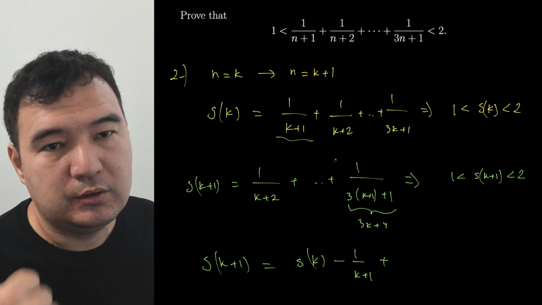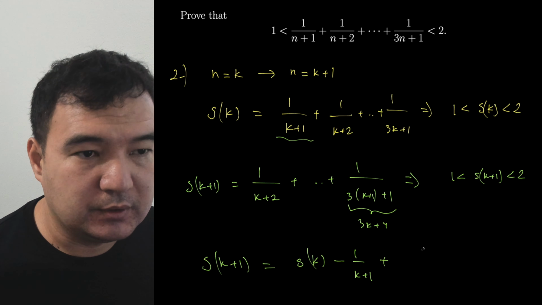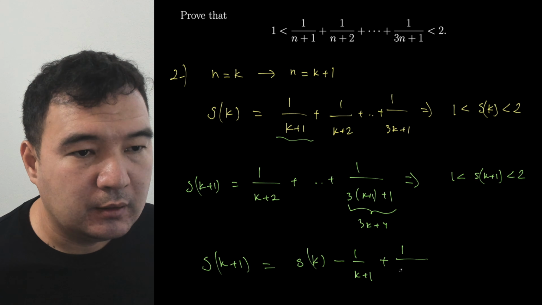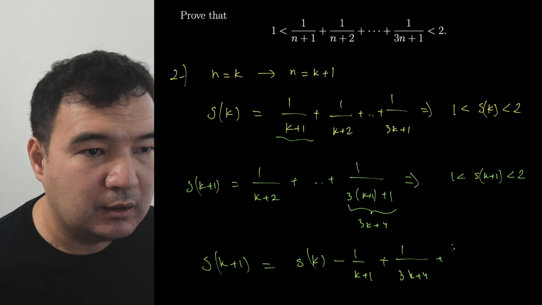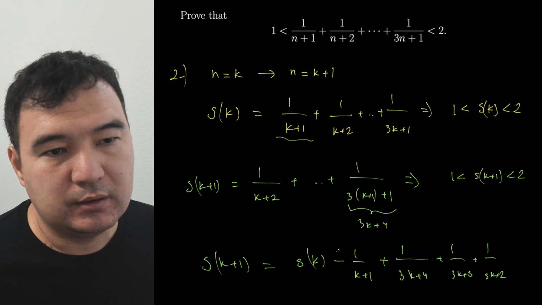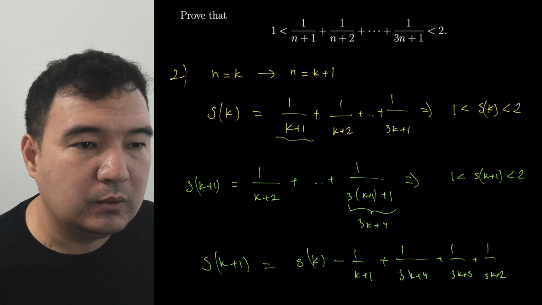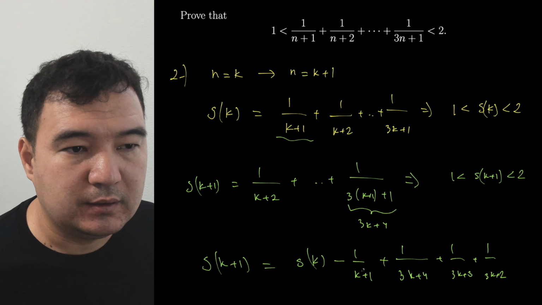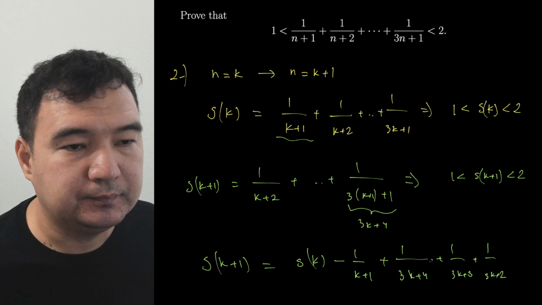And as you remember from before, Sk plus 1 should have 3 extra terms at the end, that would be 1 over 3k plus 4, 1 over 3k plus 3, and 1 over 3k plus 2. So this is the relation between Sk plus 1 and Sk. So what I want to do is simplify this part of the expression.